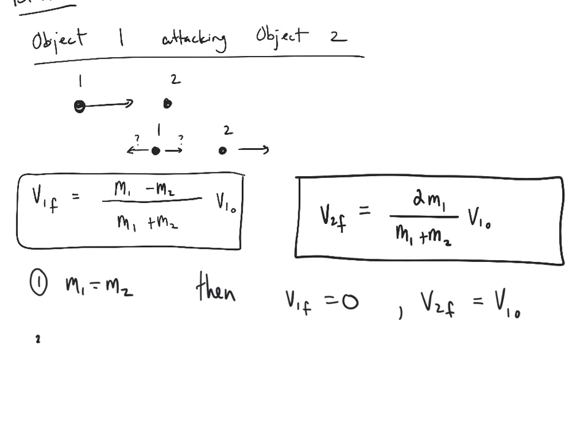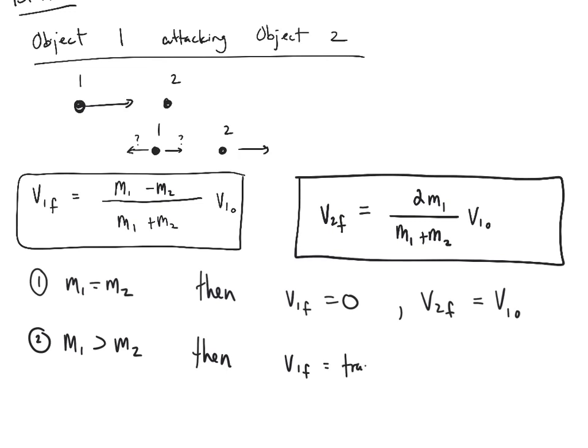If the attacking body is greater, then V1F is still going to be going in the same direction. Let's say it follows or trails.